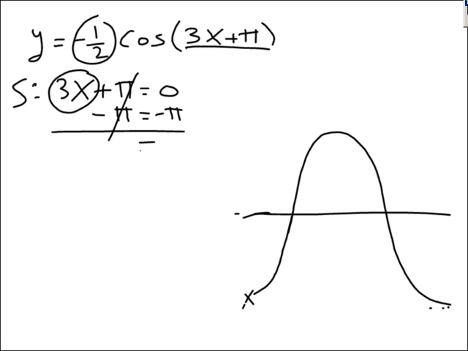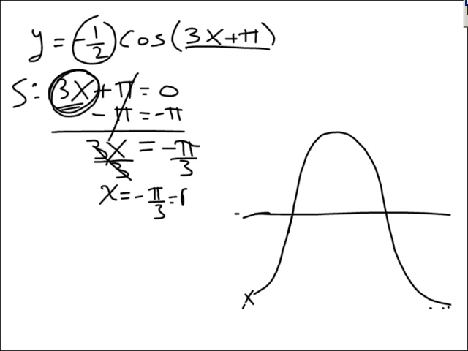It cancels on the left, and you're just left with 3x. 0 take away pi is -pi. Divide by 3 and you are done, because now we know we start at -pi/3, and we even have our phase shift. Phase shift is where you start.